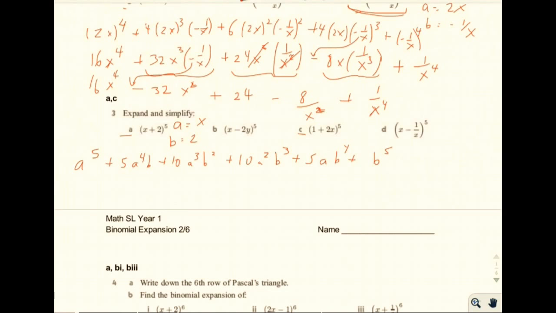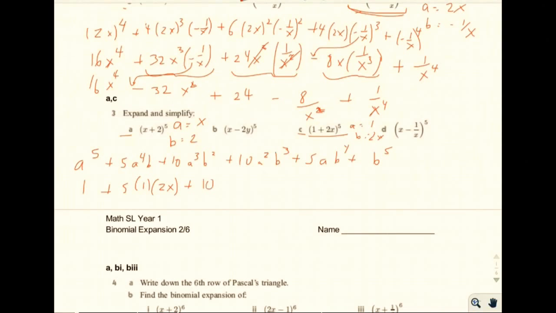And so let's pick this one to do for you. So a would be 1 and b would be 2x. For example, this would be 1 plus 5, 1 to the 4th is just 1. b is 2x.